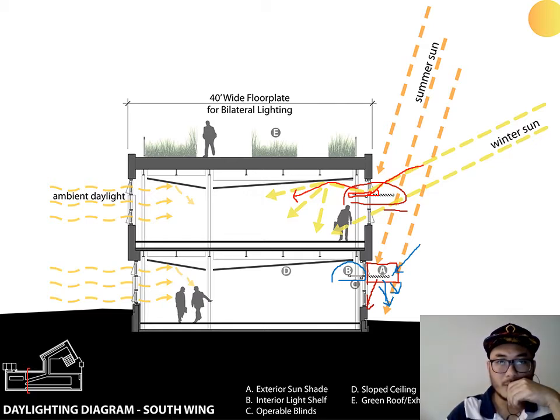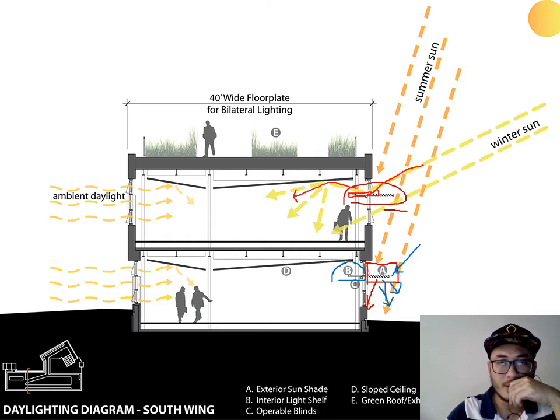So what you see here is that the light from the winter sun hits the interior light shelf and then bounces to the ceiling, which is a sloped ceiling in this case.